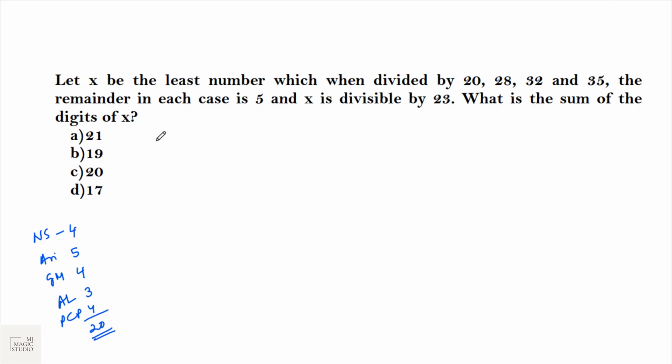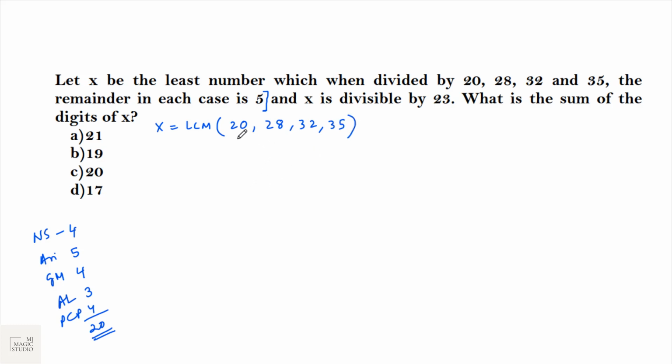X is the least number, the smallest number, which when divided by 20, 28, 32 and 35, leaves remainder 5 in each case. So x is nothing but the LCM of the divisors 20, 28, 32, 35.